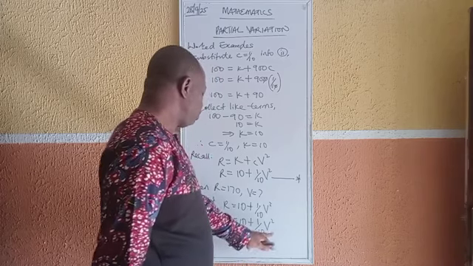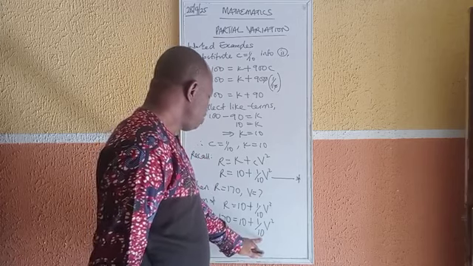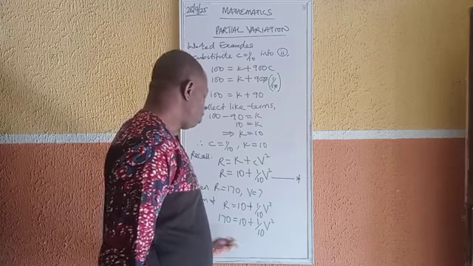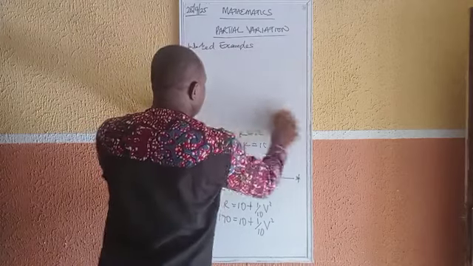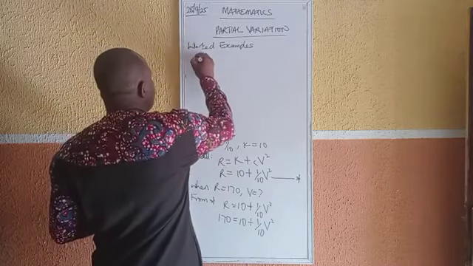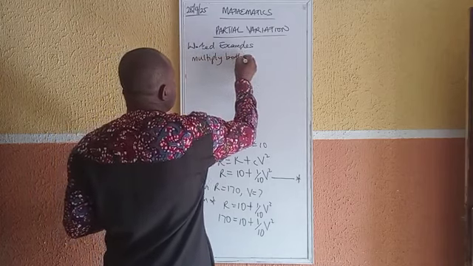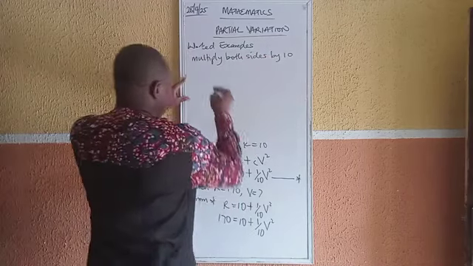Let's clear this denominator here by using 10 to multiply both sides so that it will be easy for us to get V squared. So we multiply both sides by 10.